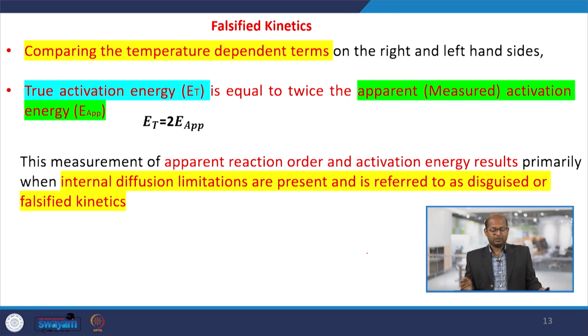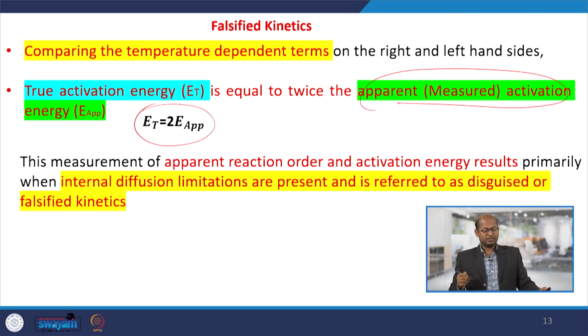If we compare the temperature dependency terms from both sides, the true activation energy equals twice the apparent or measured activation energy. So, the true activation energy would be almost double the measured one.